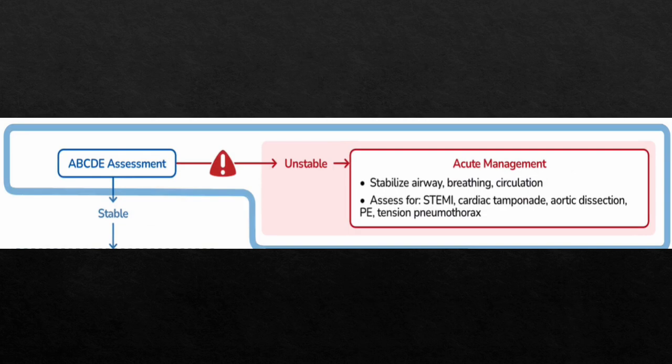If your patient is unstable, you need to stabilize your patient first by supporting wherever you found the problem on your primary survey. Usually in life-threatening causes of chest pain, you actually have to fix the cause of the chest pain before you can actually stabilize your patient. During your primary survey, you also need to look for obvious signs of life-threatening causes of chest pain.